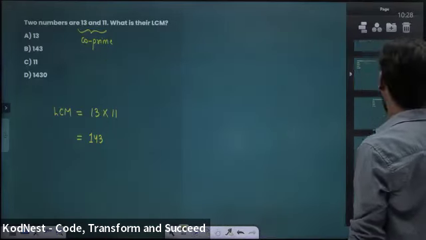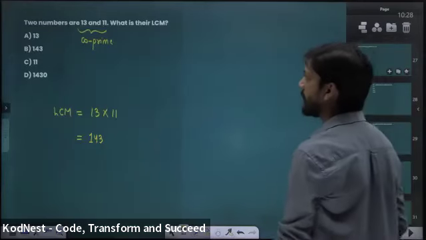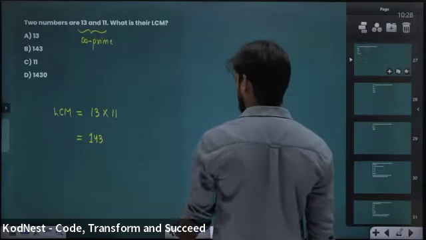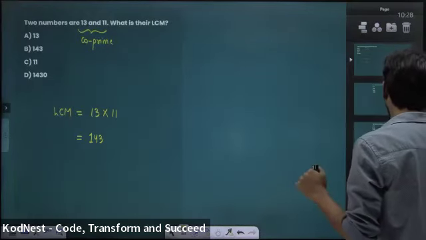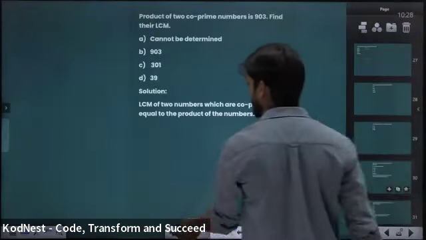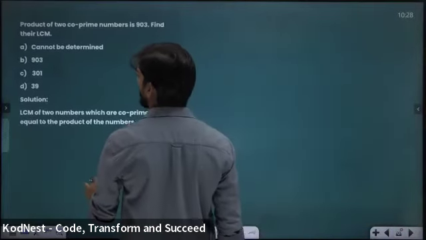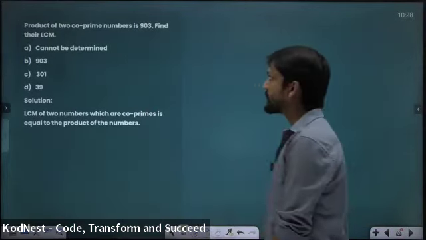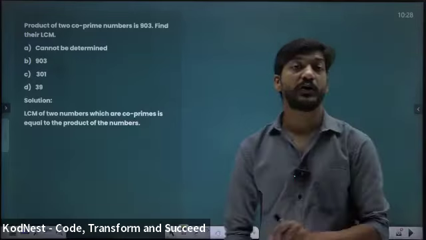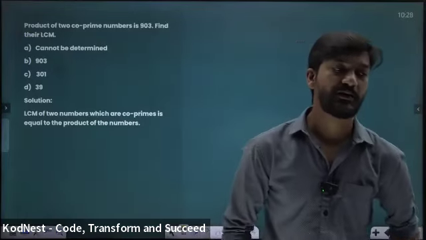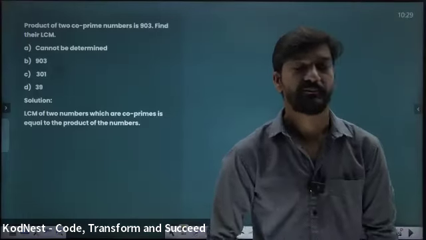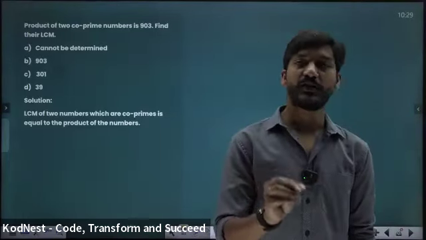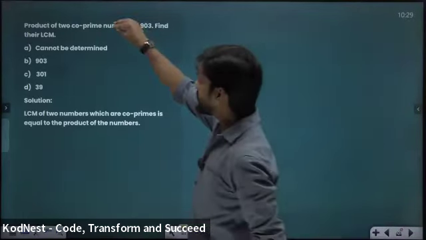Now next. There is one thing. Okay, LCM they are asking. This question, see please. Numbers are not given, but still they are asking their LCM. Product of numbers is given. What will you say? What is LCM? Whatever is product, that is your LCM, because numbers are coprime.